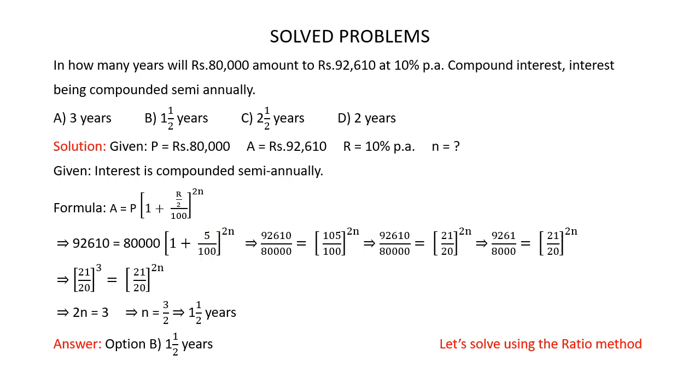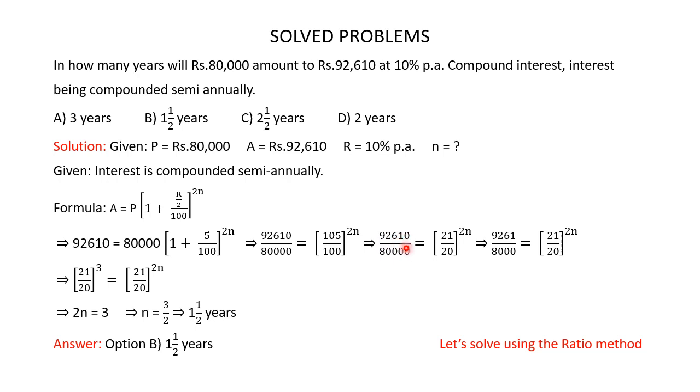Now if we shift this 80,000 to the left hand side, we get 92,610 divided by 80,000. Now here 100 multiplied by 1 is 100 plus 5 is 105. So you have 105 by 100 raised to the power 2n. Now 105 by 100 is nothing but 21 by 20.